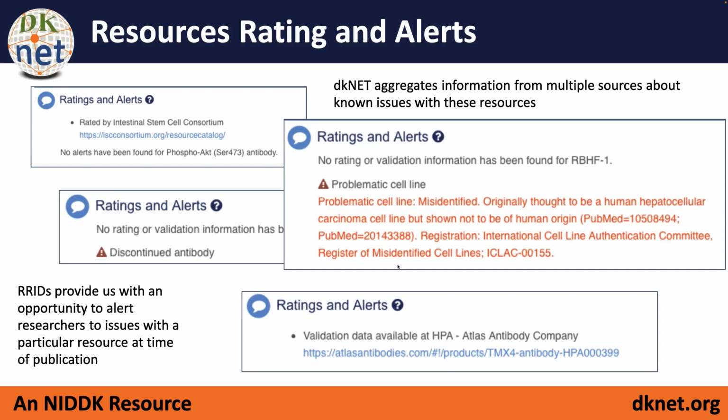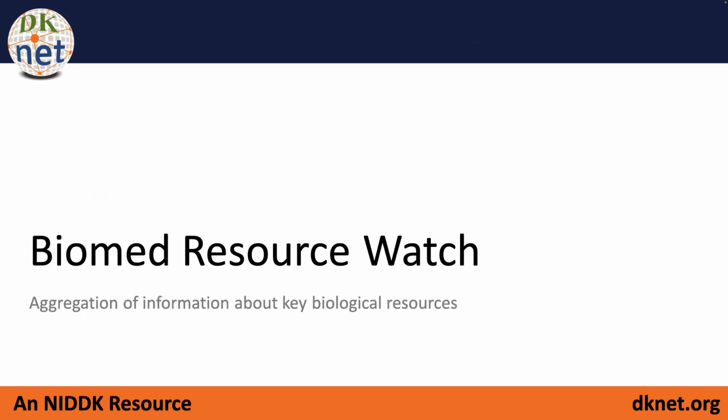And then, as I mentioned before, the Human Protein Atlas, for example, has information on validation data, and some actual projects and other consortia. For example, the Intestinal Stem Cell Consortium also has information about various resources.